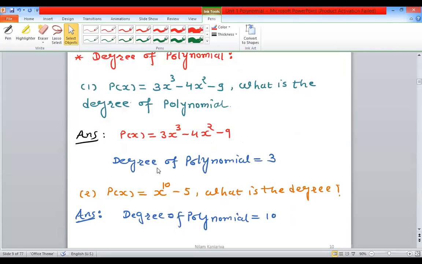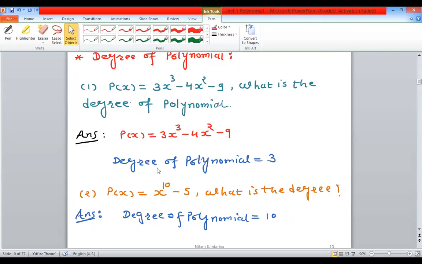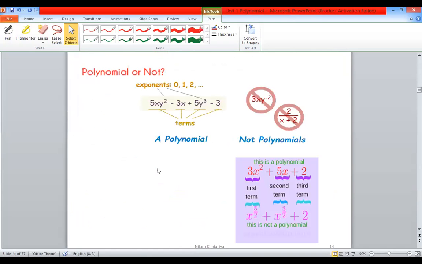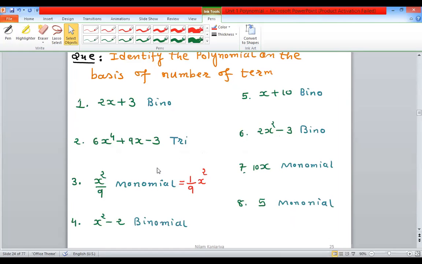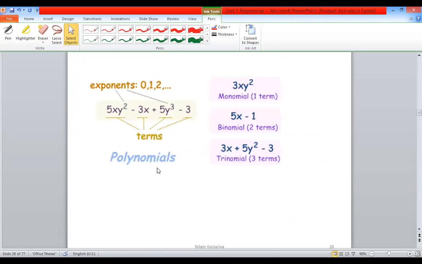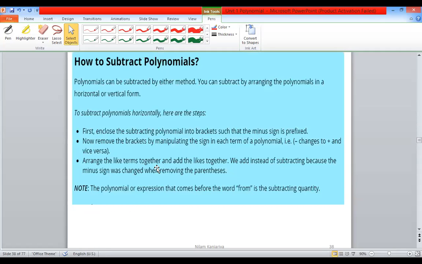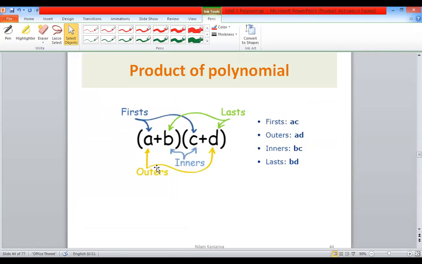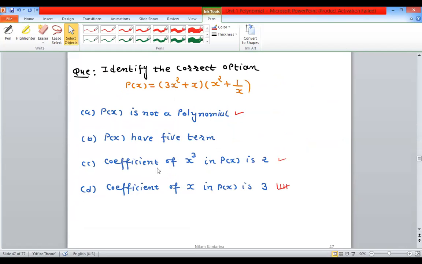Your reasoning is right, Calvin, but this is not a single term.